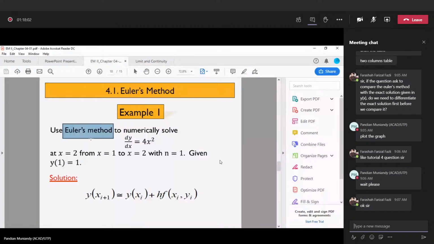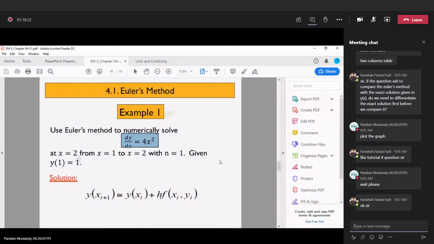But that is one thing. Comparison among all the numerical methods, you will not be able to find the exact error because it is among themselves only. So we can use the separable method, which gives the true value, for dy dx equals 4x squared. Now, you want to solve this at x equals 2.